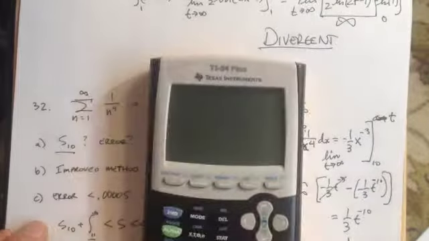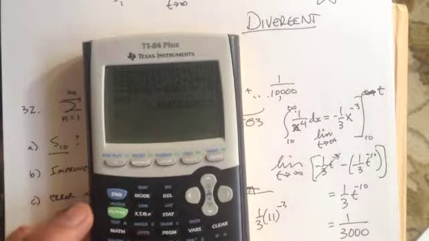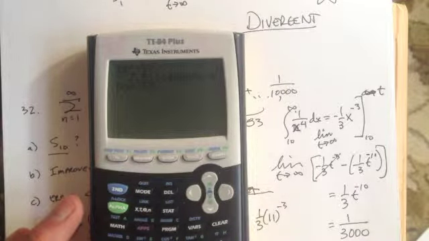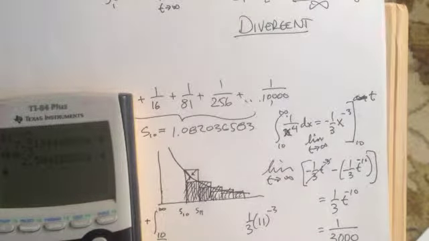So let's find that out real quickly. That is 11 caret to the minus 3. Oops, it didn't like the negative, sorry. Then I divide that by 3 because I'm taking 1/3 of it, and I get 2.5043.